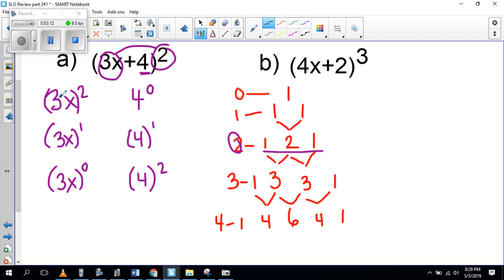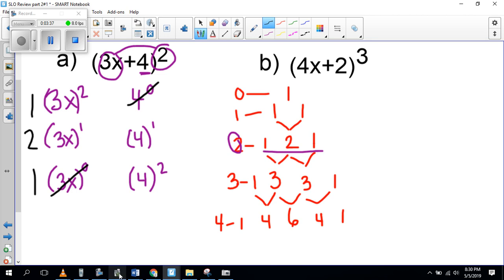So I'm going to take my coefficients, 1, 2, and 1, because that's where I got it from row 2. And I'm going to multiply all this together. And so anything to the 0 power just becomes 1. So we know we can mark those out. That was an easy way. We just kind of go ahead and mark that out. It doesn't become 0, but it becomes 1.